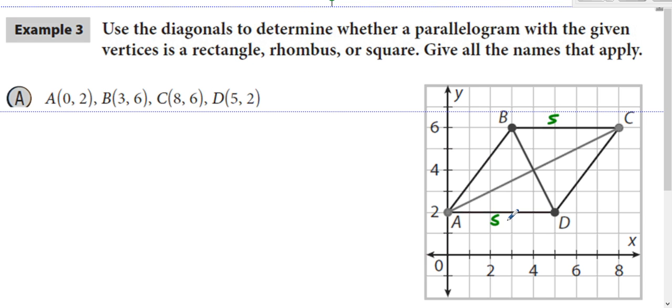Opposite sides are congruent and parallel. It looks like it might be a rhombus. A quick way to check would be to check to see whether or not the diagonals are perpendicular. So the slope of BD. Down 4 over 2.